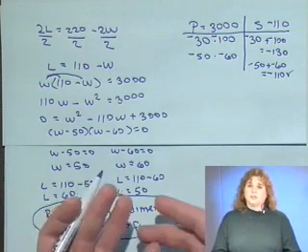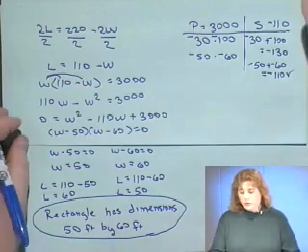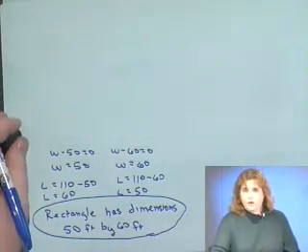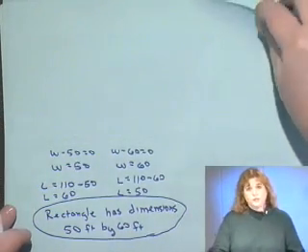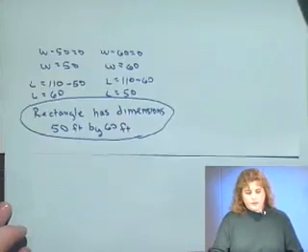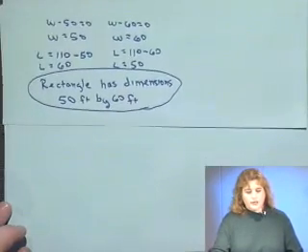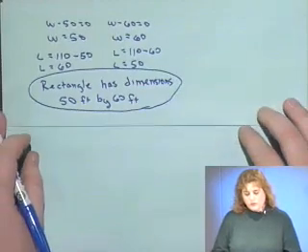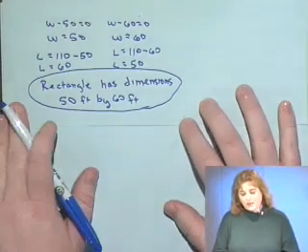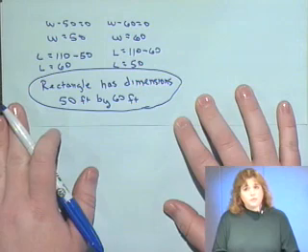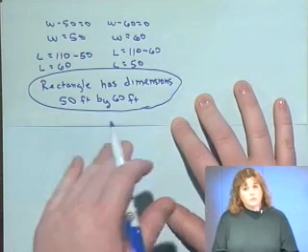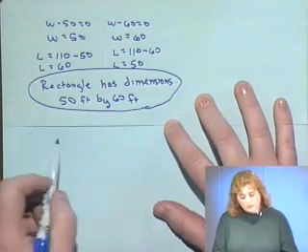Now, we always need to check our work. So let's look at how you would check this kind of problem. Again, we're going to use the information we were given about the perimeter and the area. Since our rectangle had a perimeter of 220 feet, we should be able to add up the sides and come up with that.